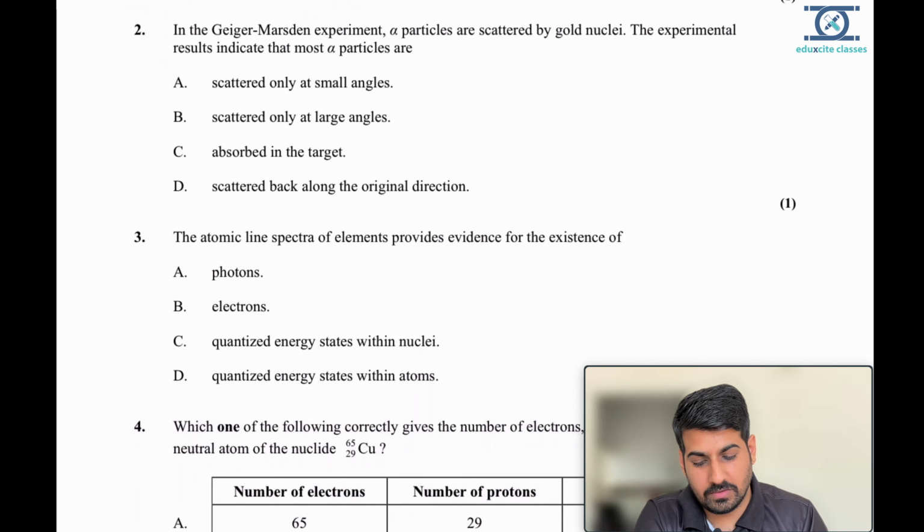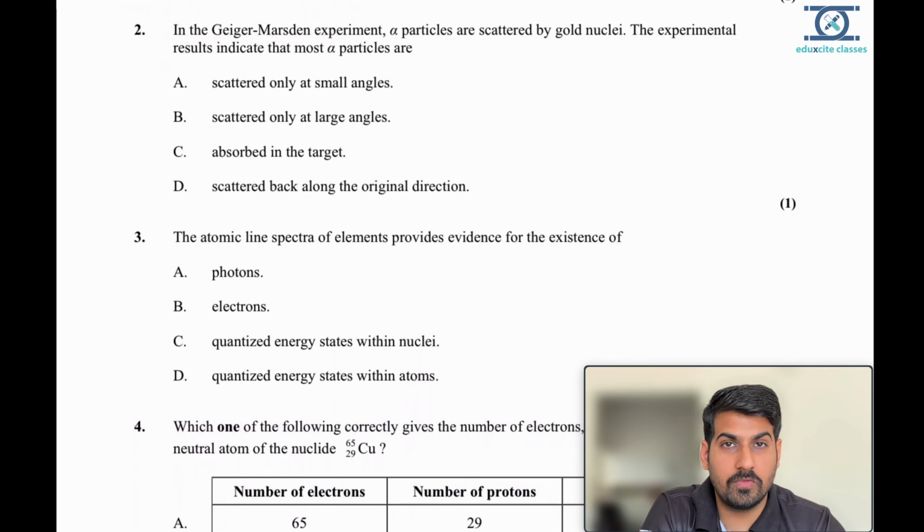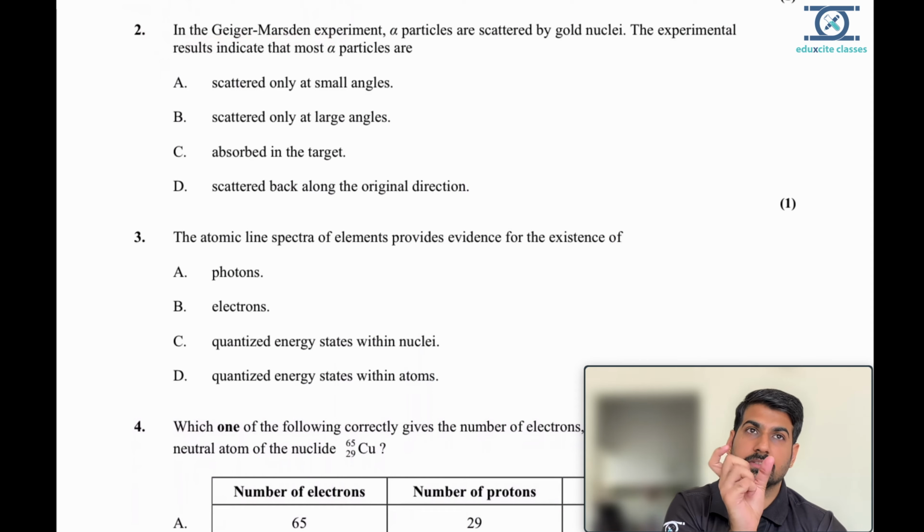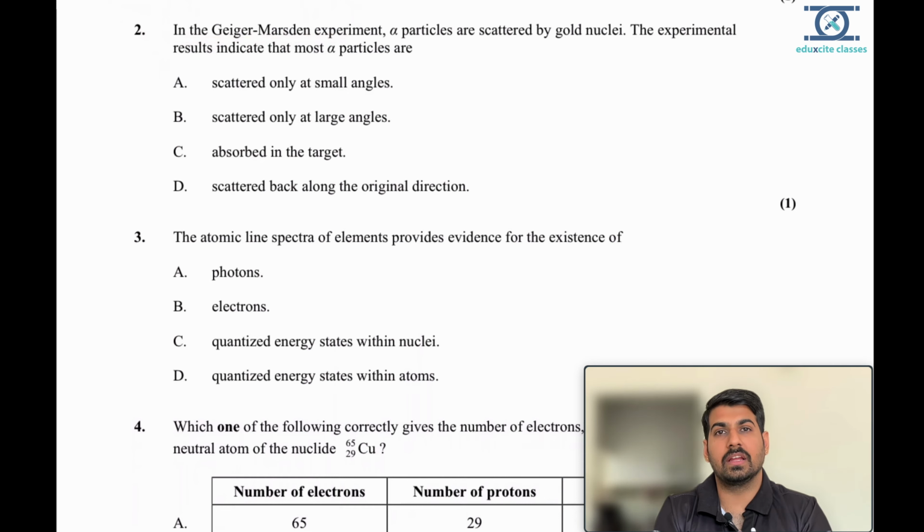Now for question number 2, again the same Geiger-Marsden experiment. The alpha particles are scattered by gold foil. We take the atoms of the gold foil, and the thickness of that foil is very small, so that only one atom can align in a particular row. When the alpha particles pass through the gold foil, the experimental result indicates that most of the alpha particles are scattered only at small angles, because the majority of the atom is empty.